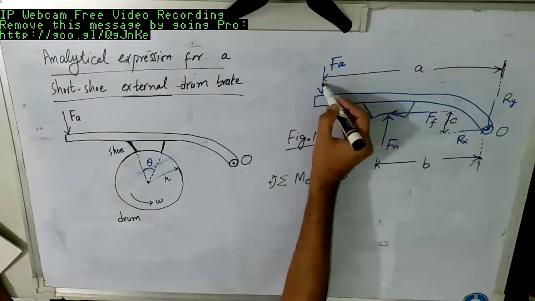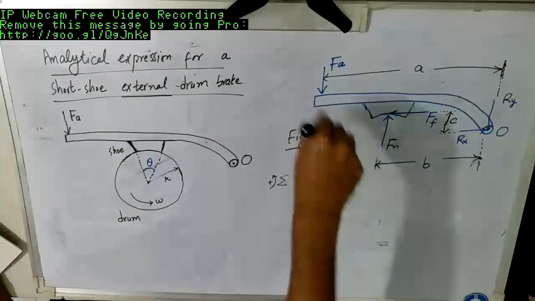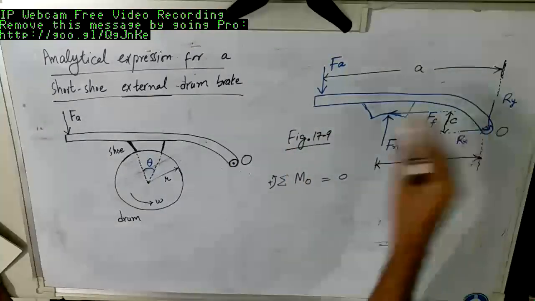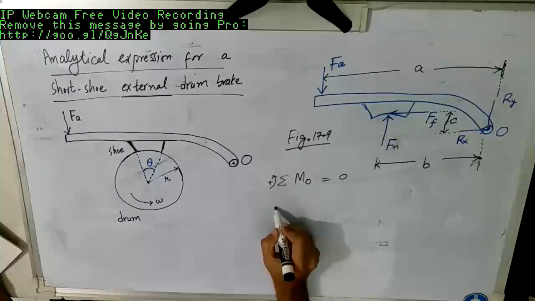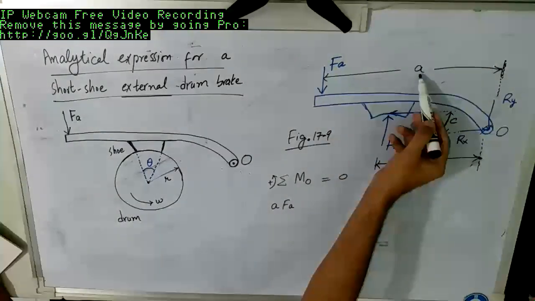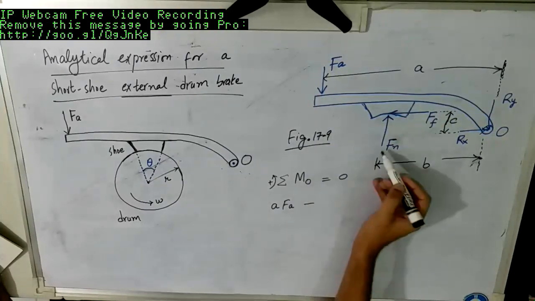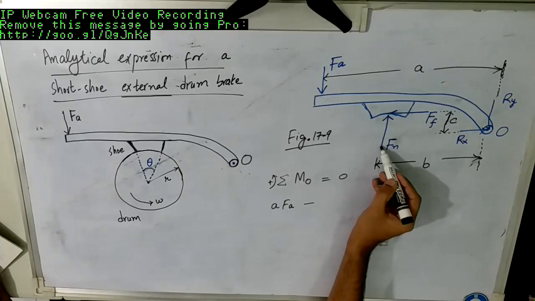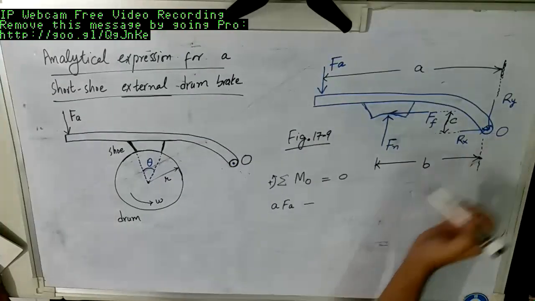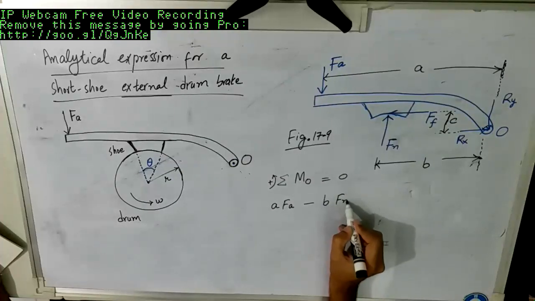Now this force Fa is going to make a rotational effect about this point O, and it will be counterclockwise. So we will write A times Fa. A is the perpendicular distance, Fa is the force. Then we have this normal force Fn, and it is creating a clockwise effect about this point O. So this is B times Fn.